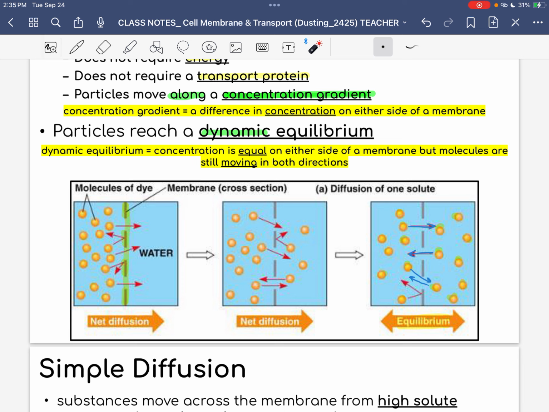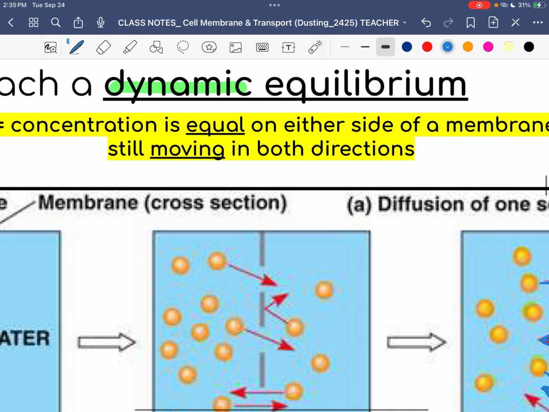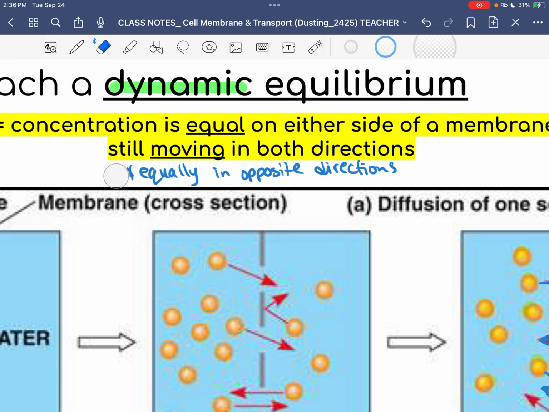They're moving equally in opposite directions. Maybe we should say equal movement in opposite directions.